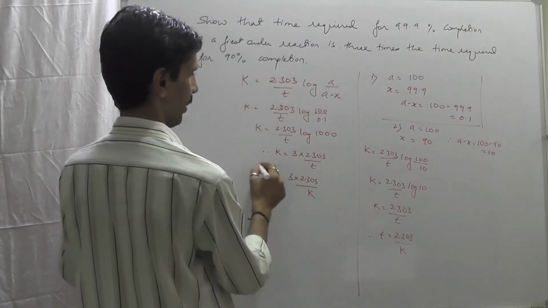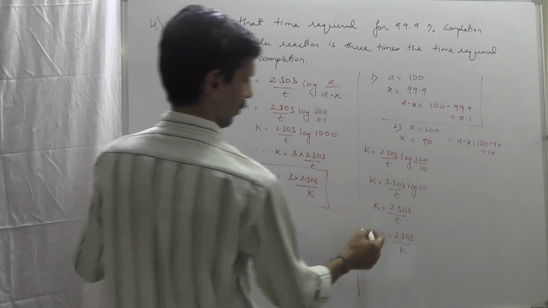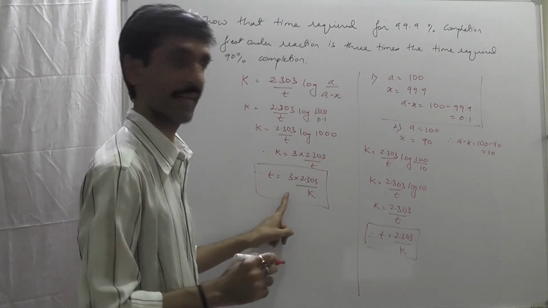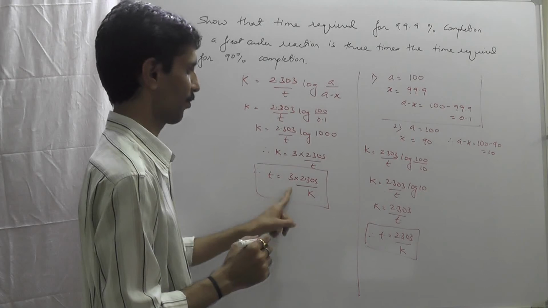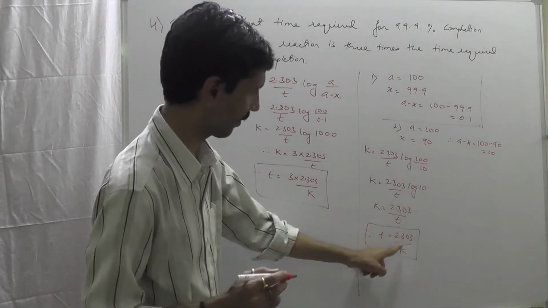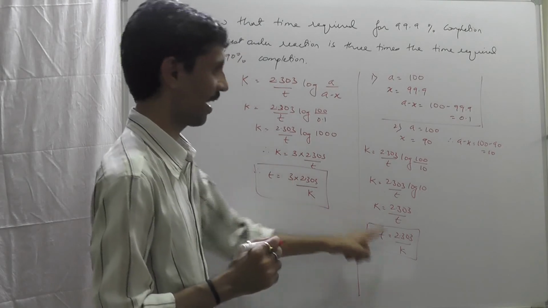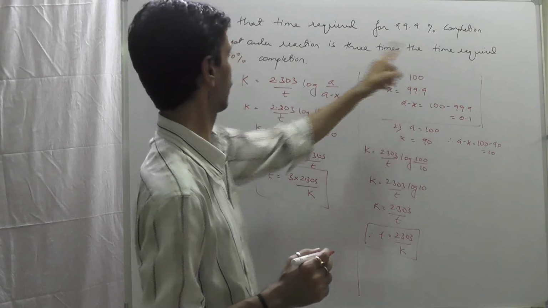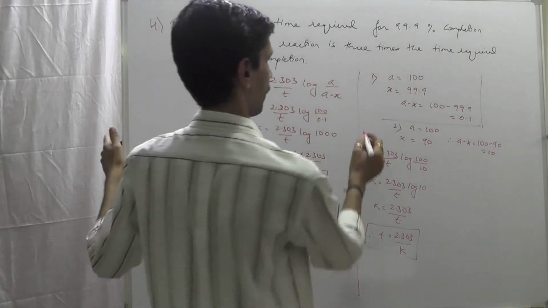Now have a look at this, my dear friends. This is the time for 99.9% completion, and this is for 90%. 2.303 upon K, 2.303 upon K, but this is 3 times as that of this, and that is what is written, 3 times the time required for 90% completion.